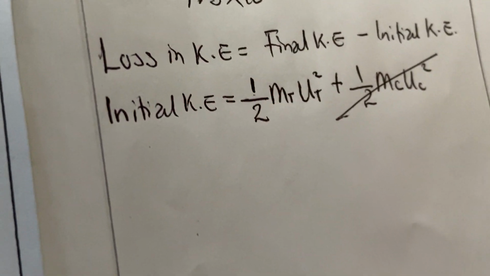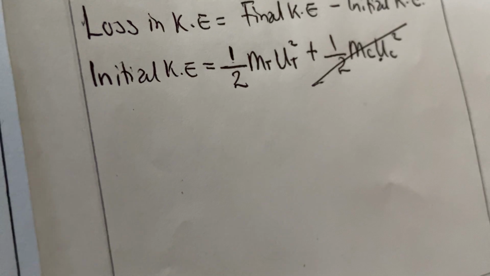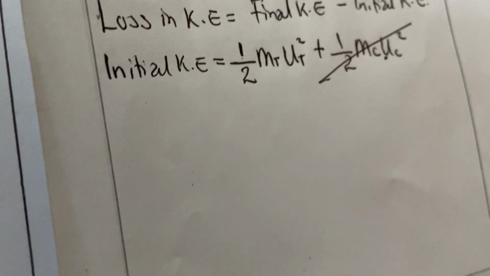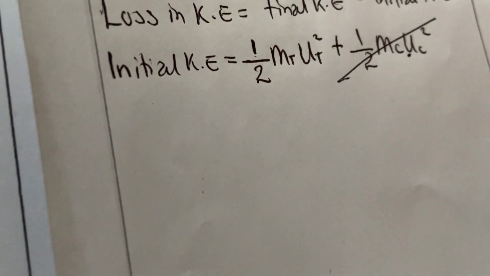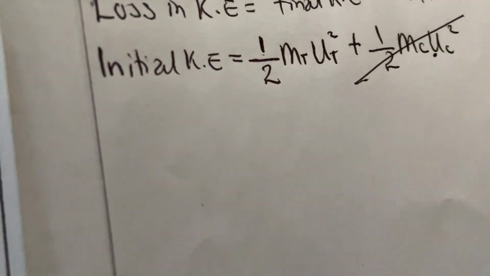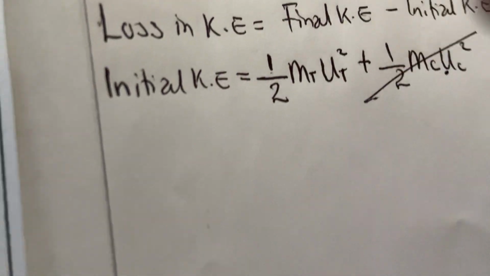We know this is zero already because UC is zero. But for questions where the two bodies are already moving together, there is no need to cancel out, so there was an initial velocity. This is now the initial velocity for the truck.